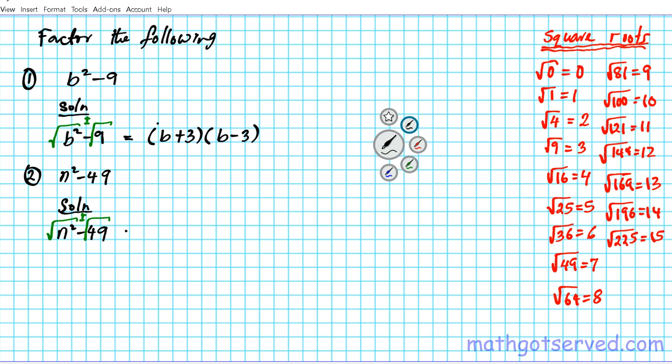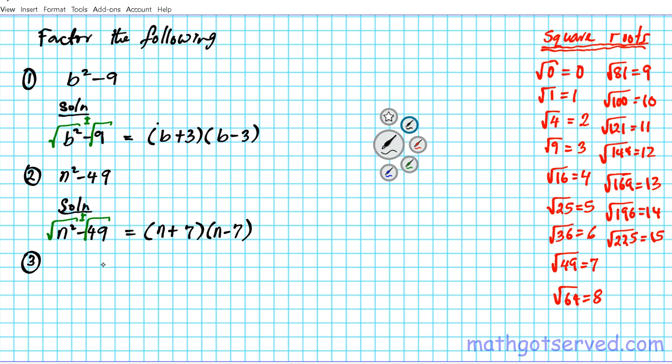This becomes n minus the square root of 49, which is 7. So n plus 7 times n minus 7. The order you write the factors doesn't really matter because multiplication commutes.